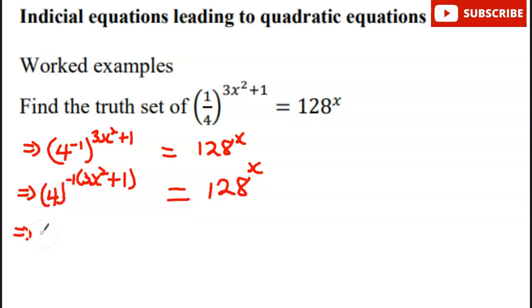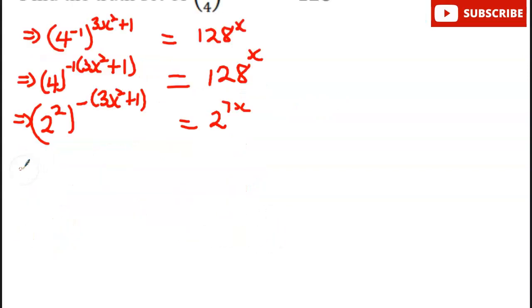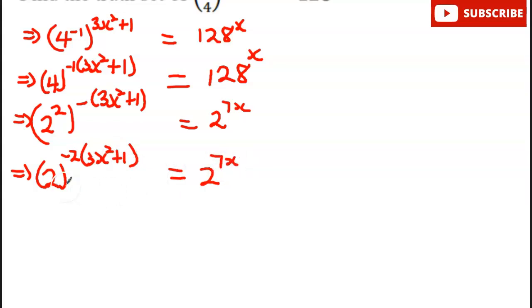So 4 can be written as 2 raised to the power 2, all raised to the power minus 3x squared plus 1, which is equal to, on the right hand side, 2 raised to the power 7x. So on the left hand side, we can write it as 2 raised to the power minus 2 times 3x squared plus 1, which is equal to 2 raised to the power 7x.